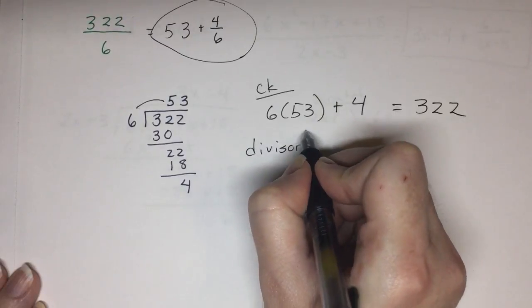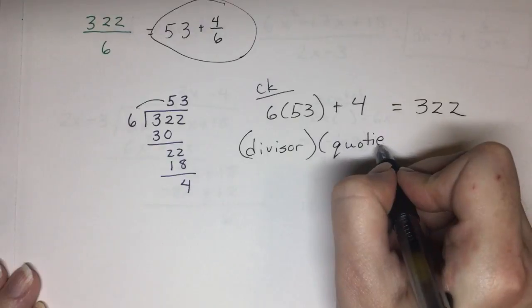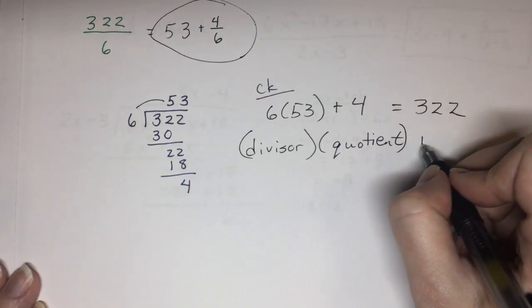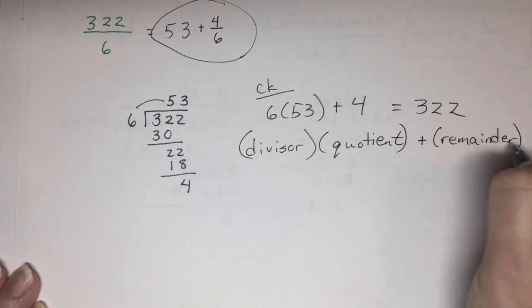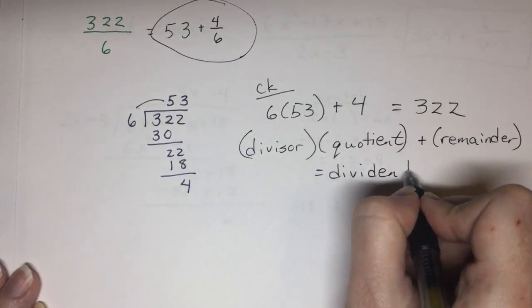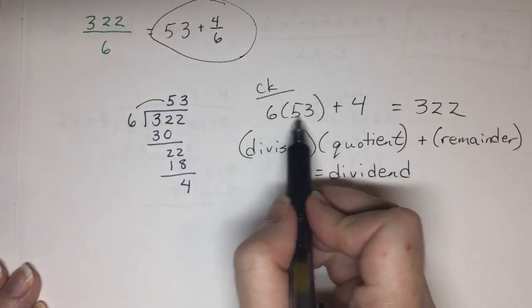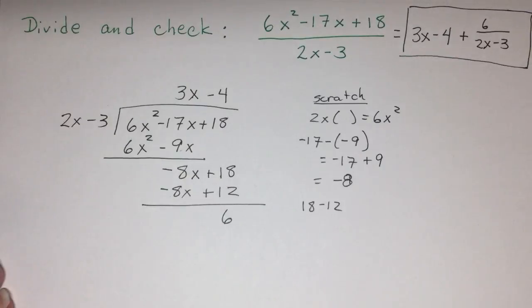The divisor times the quotient plus the remainder equals the dividend. You can actually do this multiplication and addition to check. It's going to be the exact same idea here.